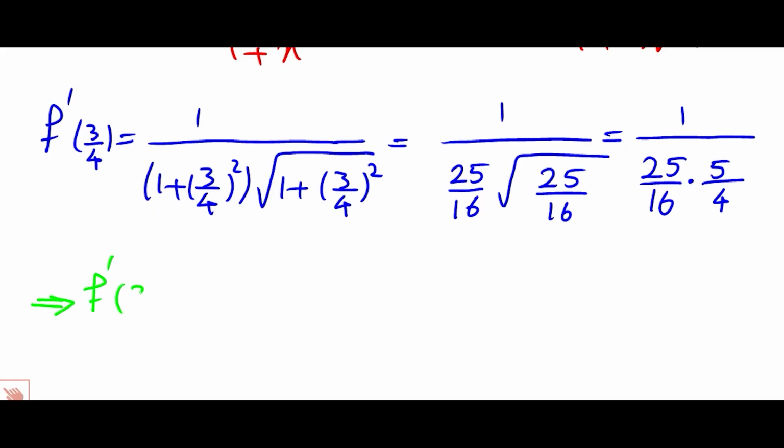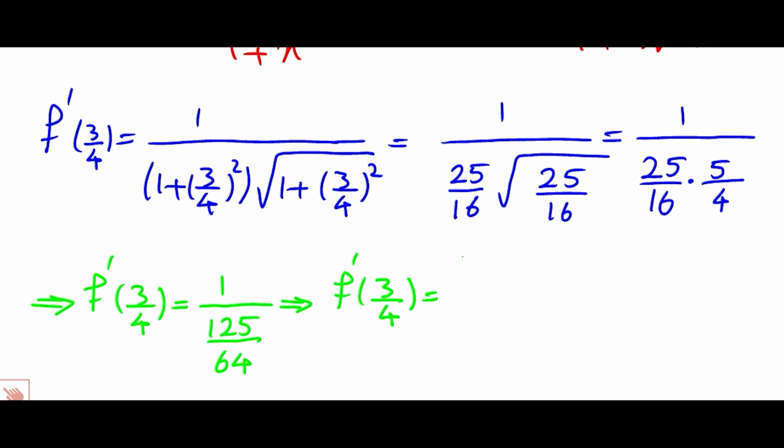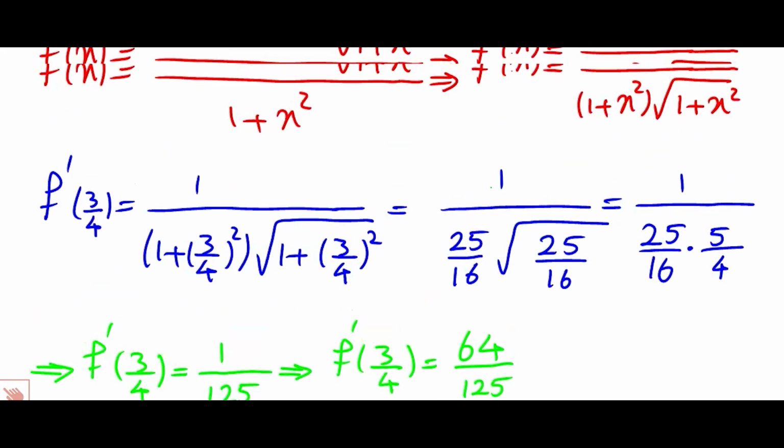F prime of 3 over 4 is equal to 1 over 125 over 64. And finally the answer, f prime of 3 over 4, is equal to 64 over 125.